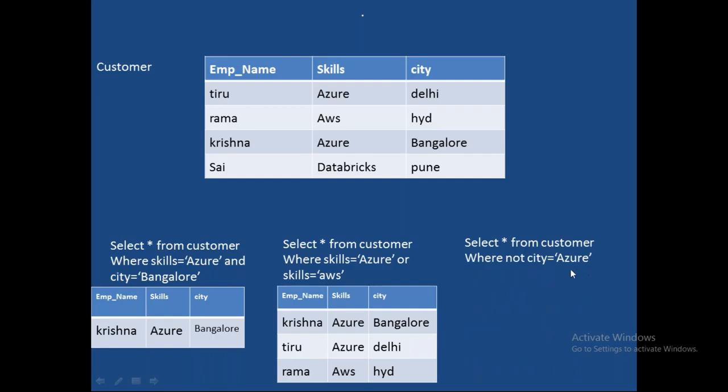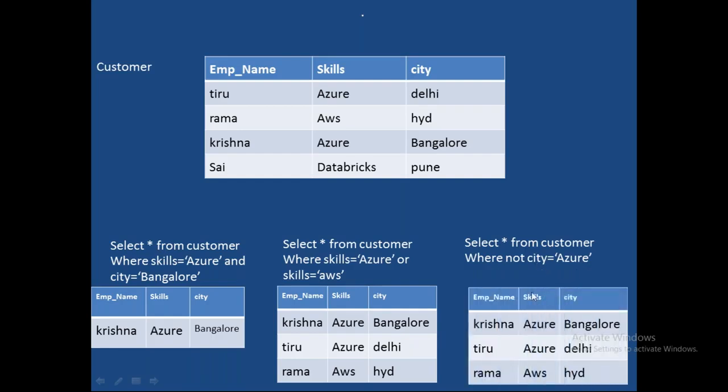Next, select star from customer where not city equal to Azure. Sorry, I think, one second, depends on the result. I can see here, so here it is not city equal to Pune. Select star from customer where not city equal to Pune.